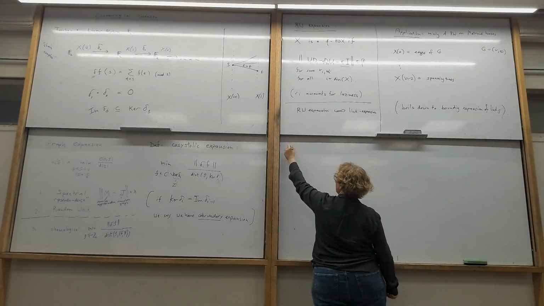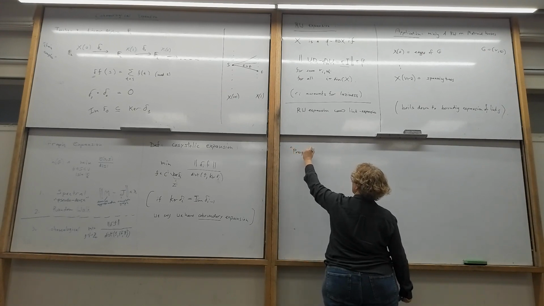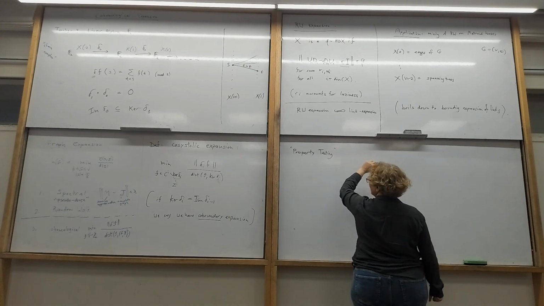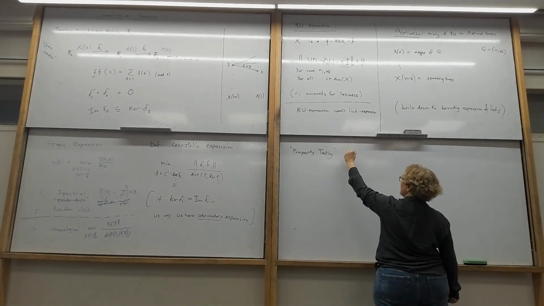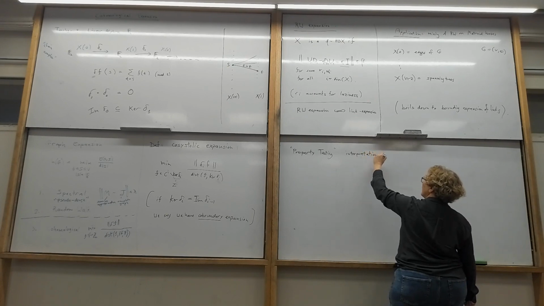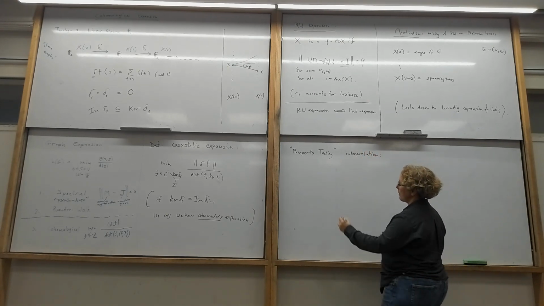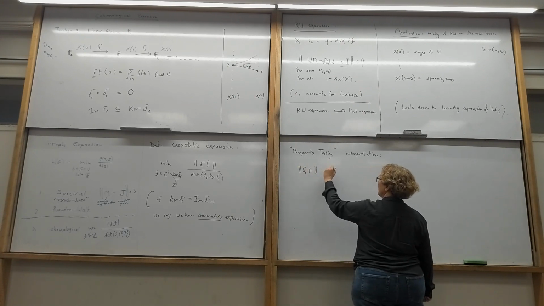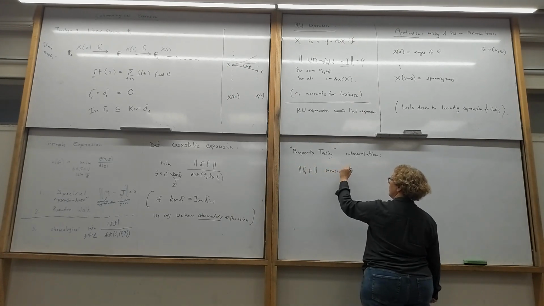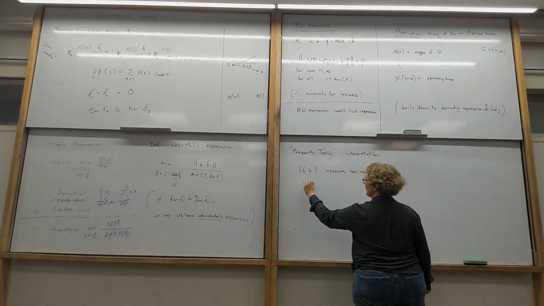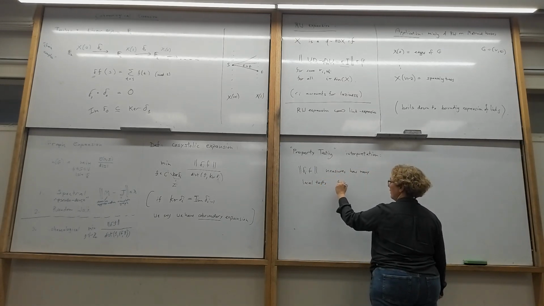So we saw this property testing interpretation, due to Tali and Alex, really that delta i f measures how many local tests fail.